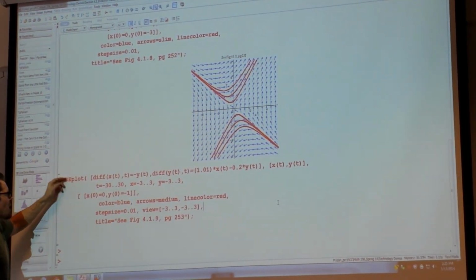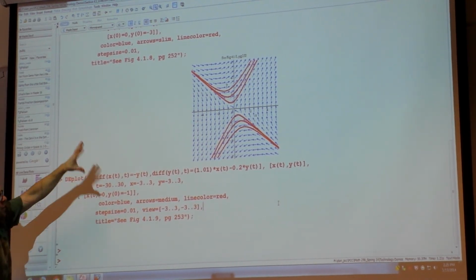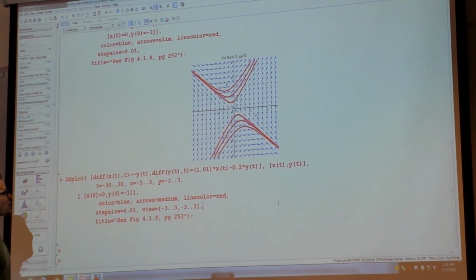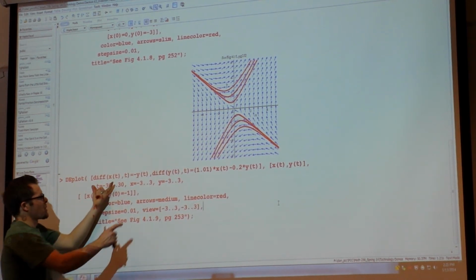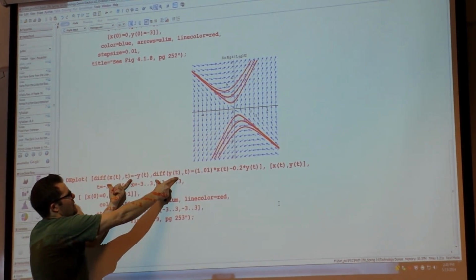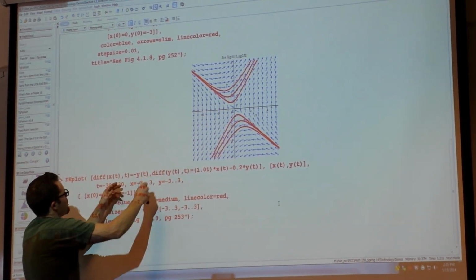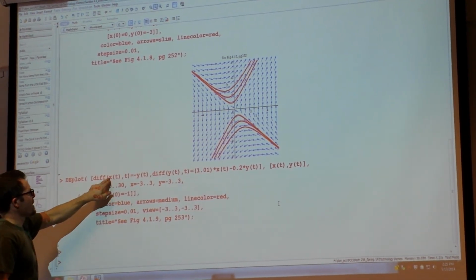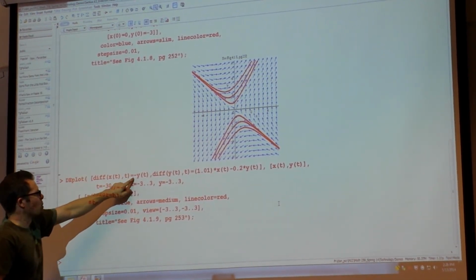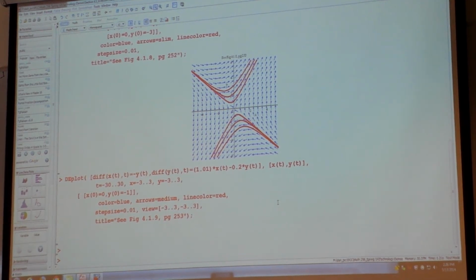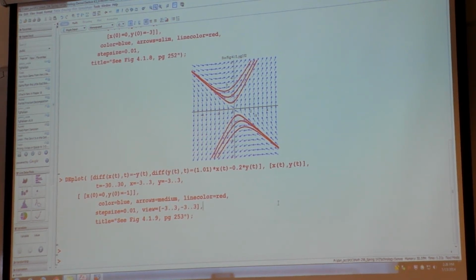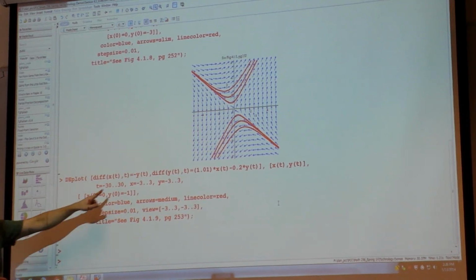So this DE plot is the big plot structure that plots the whole direction field. Inside this plot structure is the definition of the system. So x of t, the dependent variable, with independent variable t, equals negative y of t. So I'm just going to write down the system that's in here. x prime equals negative y.